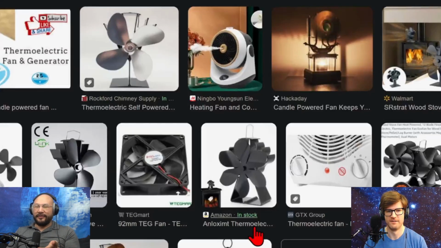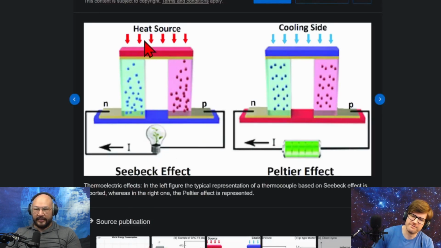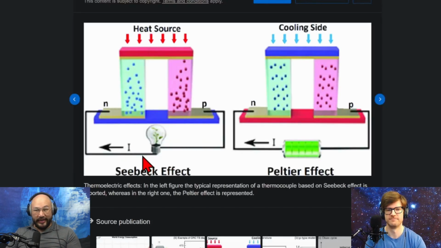We don't need to go through the fan. We already have the voltage generated directly. No moving parts. So this goes to your steam vent and you put a metal, like a copper pipe there so that it gets hot, and then you pull the electrical energy straight out of that.